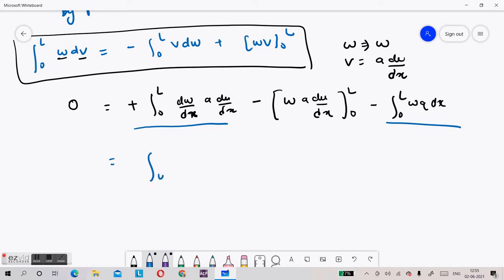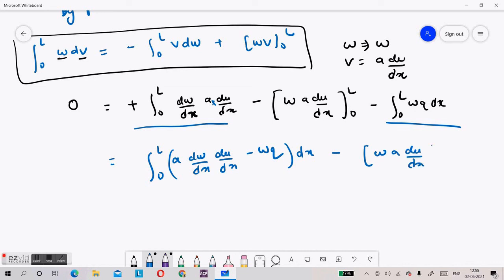This will become the integral from 0 to L of a dw over dx du over dx, where a multiplies du by dx. a may be some constant here. And minus wq, whole dx here, and it will become minus w a du by dx from 0 to L.